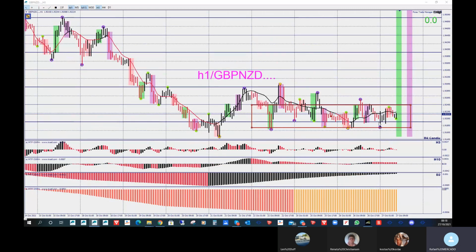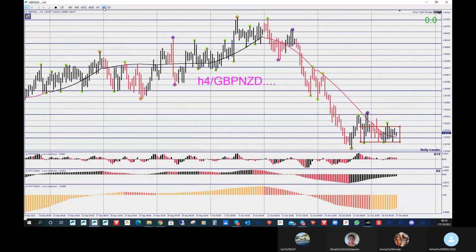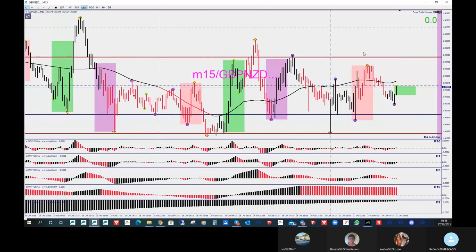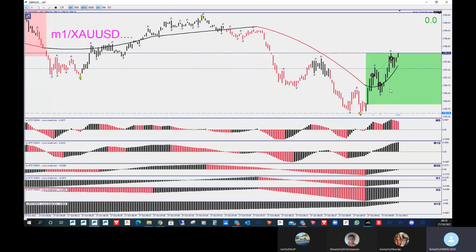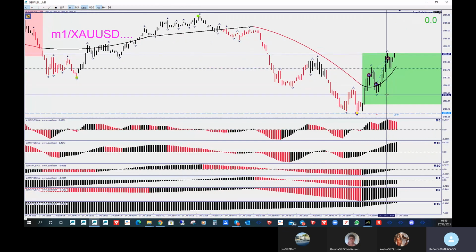Pound New Zealand is not doing much. Go to the 4 hour. So maybe we are going to have another entry here, and my stop loss this time will be at this point.